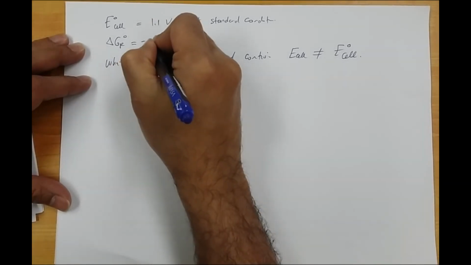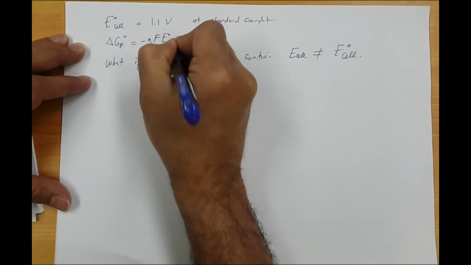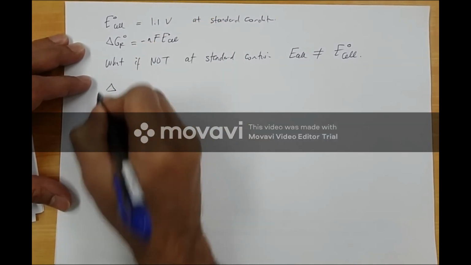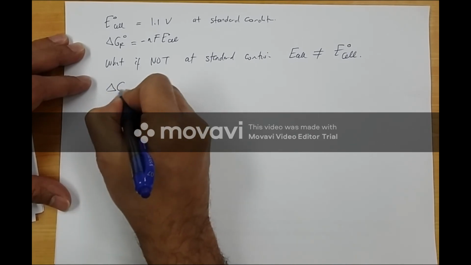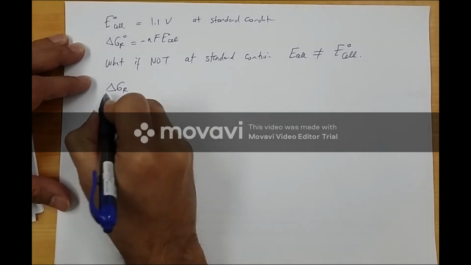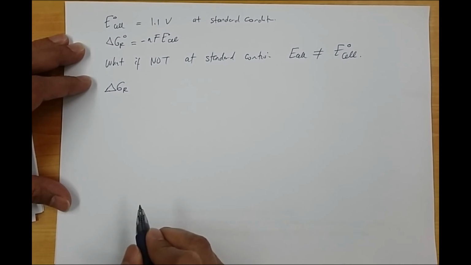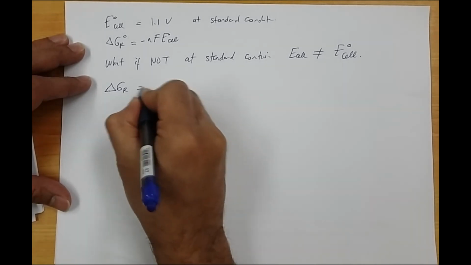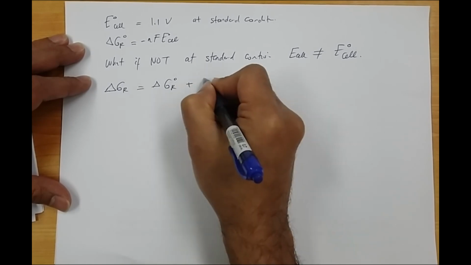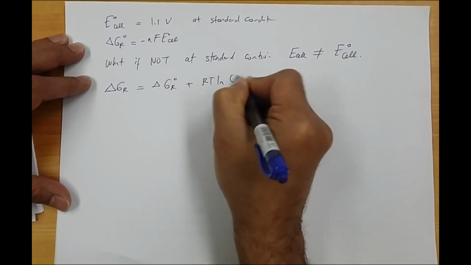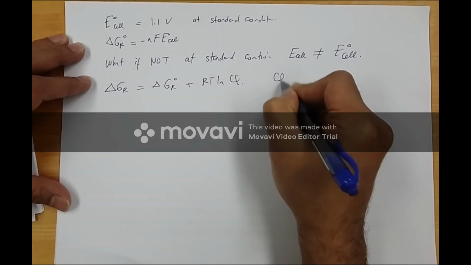That's E of the cell. So we can derive it from the Gibbs free energy. If you're not at standard condition, then the Gibbs free energy change of the reaction is equal to delta GR naught plus RT ln Q. Now what is Q?